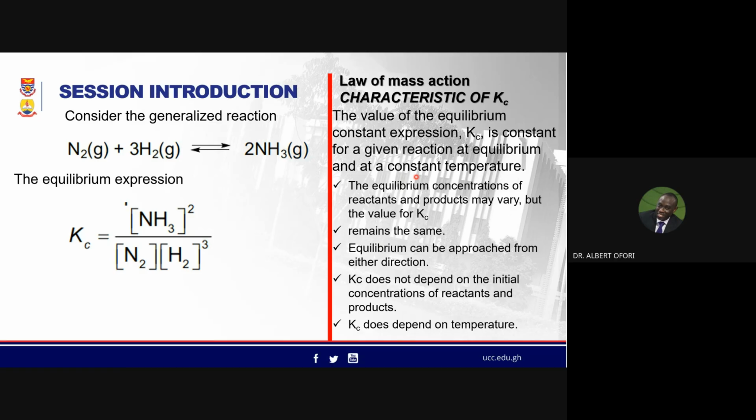Now, the equilibrium constant is actually dependent on temperature. So what it means is that once the temperature changes, the equilibrium constant will also change. Why are we saying that? Well, temperature is related to concentration.